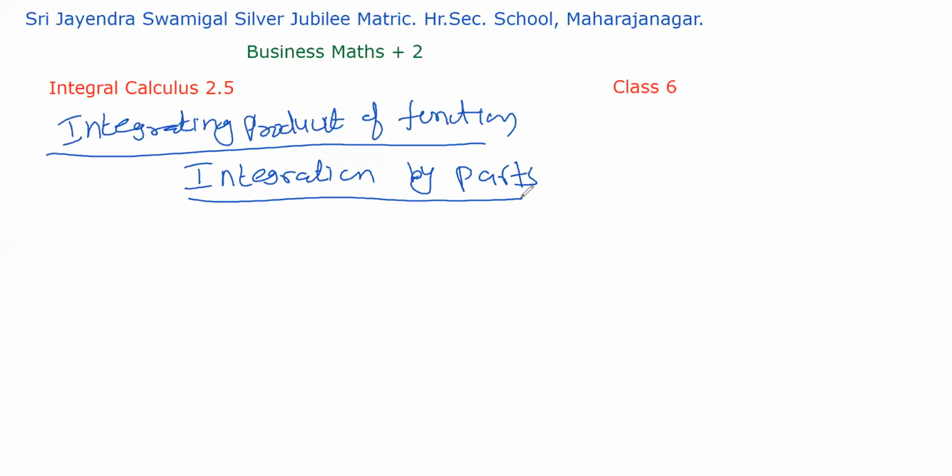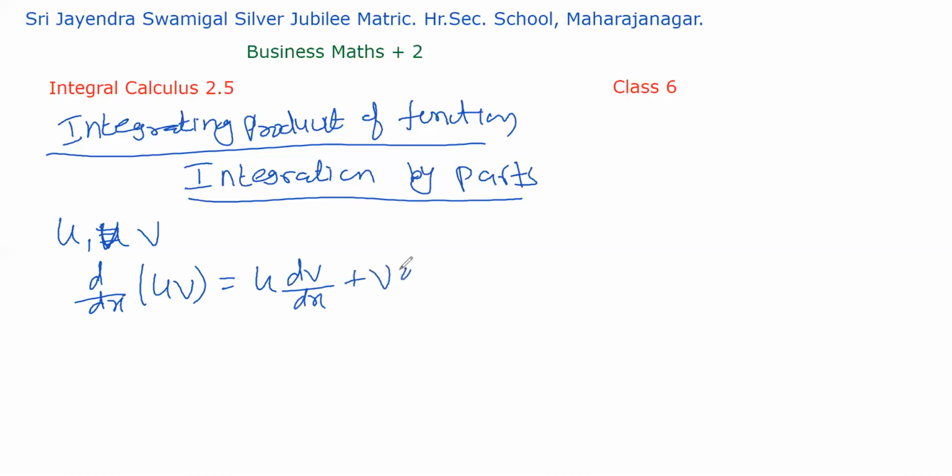If u and v are two differentiable functions, then as you know, d by dx of uv, which you call the product rule in differentiation, is u into dv by dx plus v into du by dx.